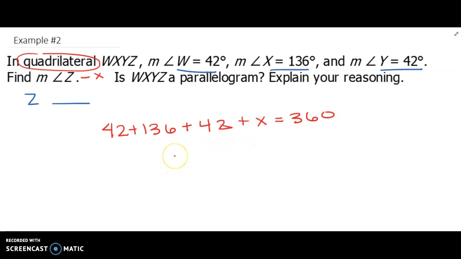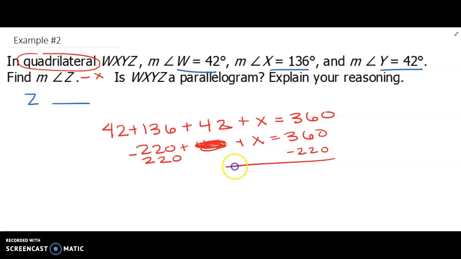Okay, so 136 plus 42 plus 42 is 220, so 220 plus x equals 360. Subtract 220, I have x equals 140.